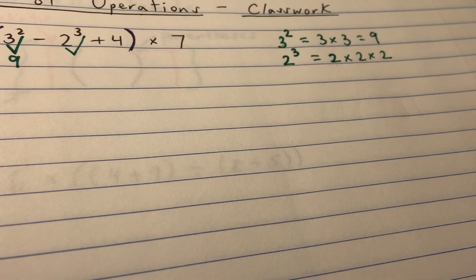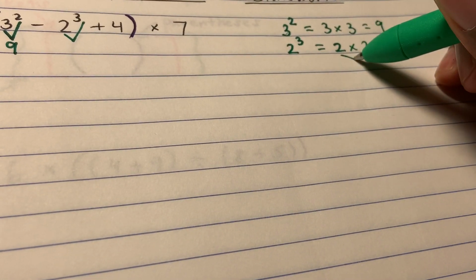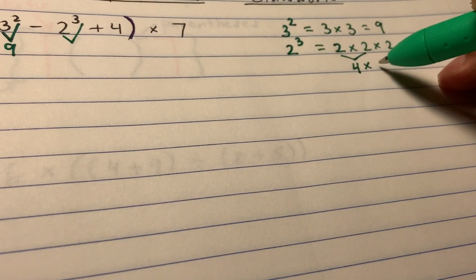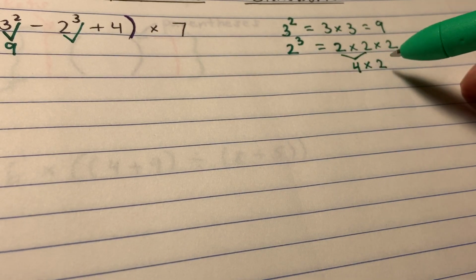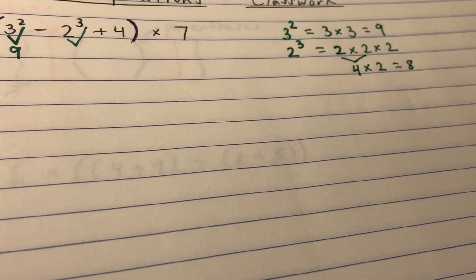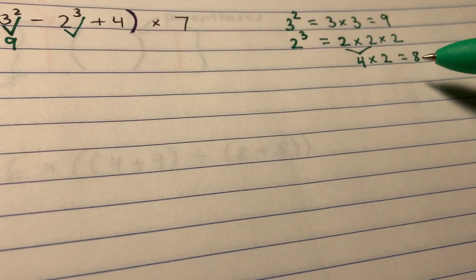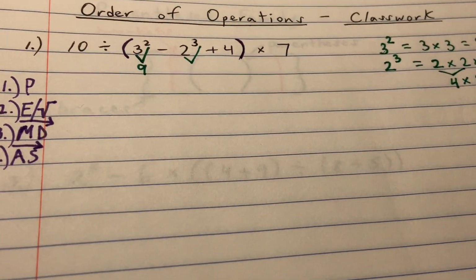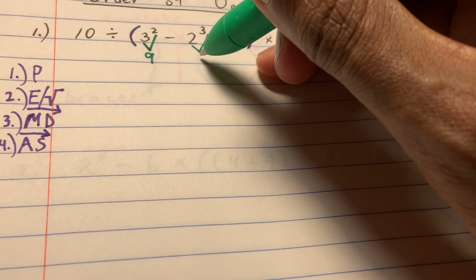Did I do that right? Okay, I'm hearing someone say no. Mr. Barbier, it's 2 times 2, which is 4. Drop the multiplication, drop the 2, and then continue working this out. And I get 4 times 2, which is, oh, it's 8. It's not 6. Folks, this is the reason why we work it out on the side, so that we don't make careless mistakes. All right? So 2 to the 3rd power is 8. And I'm going to put 8 right here.